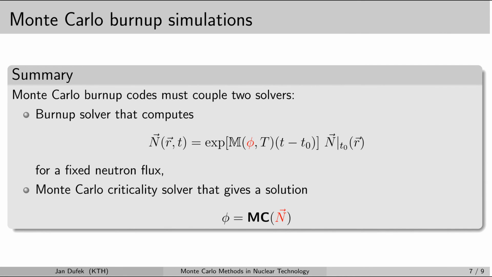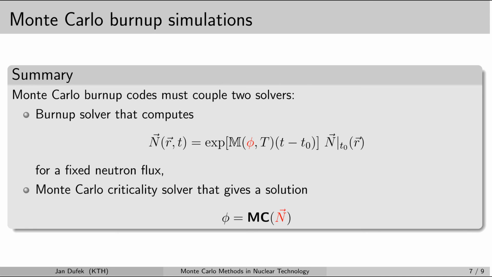So let me just summarize what we have learned. During the Monte Carlo burnup simulations we need to track two quantities. One of them is the neutron flux, which is given by the Monte Carlo solver for a specific system, which is described by the nuclide field vector n. The nuclide field vector, however, is governed by the burnup equation, that gives the time change in the nuclide field vector.